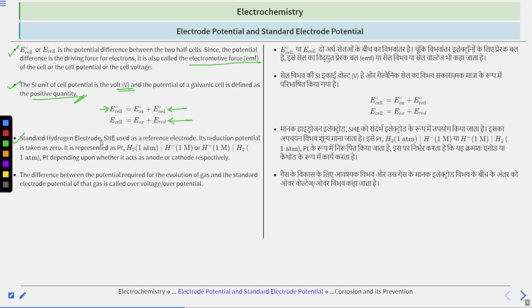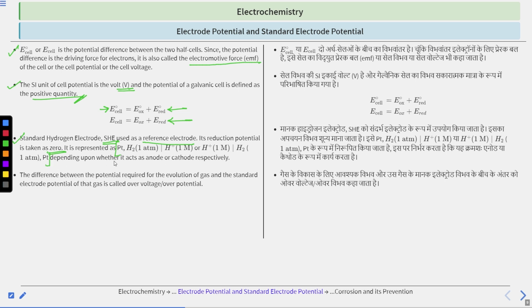Standard hydrogen electrode, SHE, is used as a reference electrode, and its reduction potential is taken as 0. It is represented as: platinum, H2 at 1 atmosphere, phase boundary, H+ in 1 molar solution, or H+ in 1 molar solution, phase boundary, H2 at 1 atmosphere, platinum.